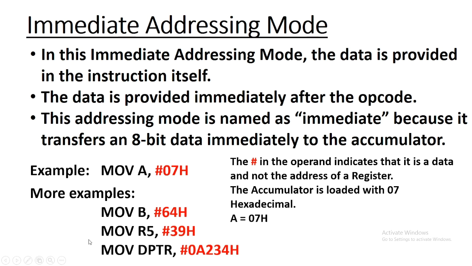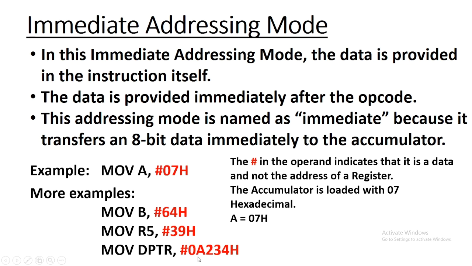Similarly, using immediate addressing mode, you can load 16-bit data into a register. We know DPTR is a 16-bit register, in which this 16-bit data 8234 is loaded using the MOV instruction. Since this is immediate data, the hash character is there.